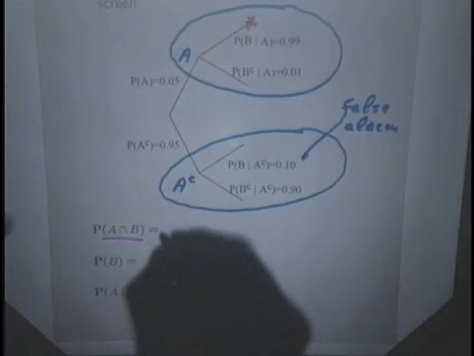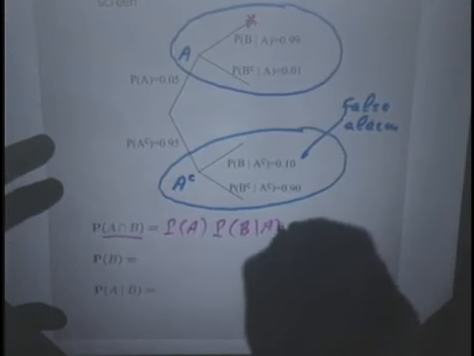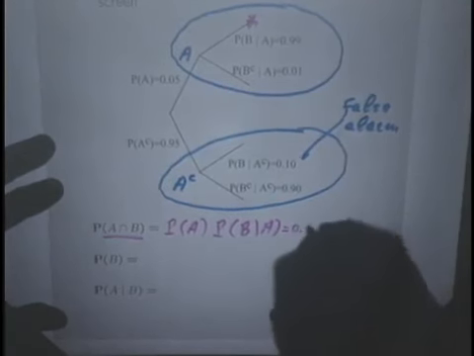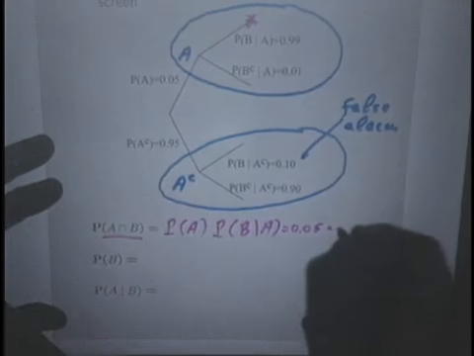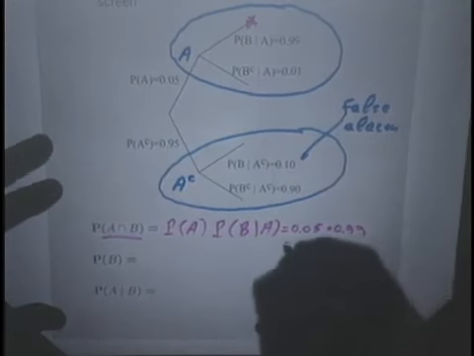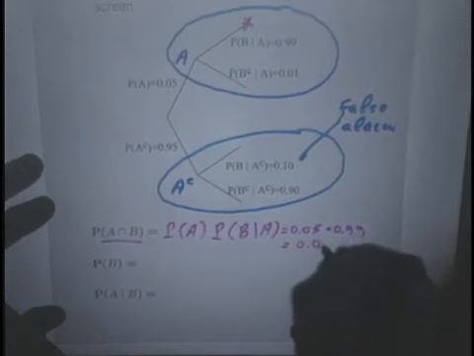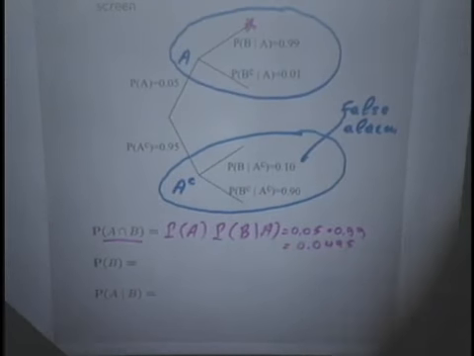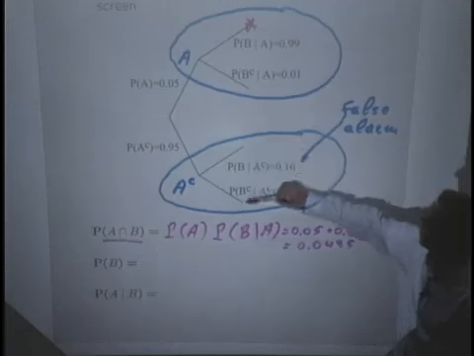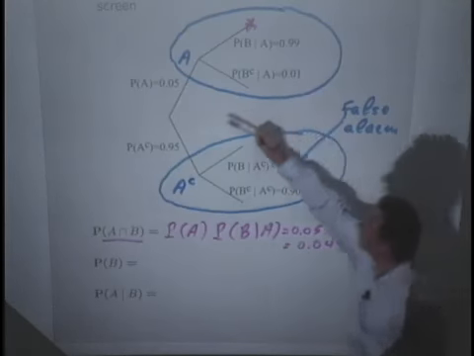Well, we use the definition of conditional probabilities, and this is the probability of A times the conditional probability of B given A. So it's 0.05 times 0.99. And the answer, in case you care, it's 0.0495.